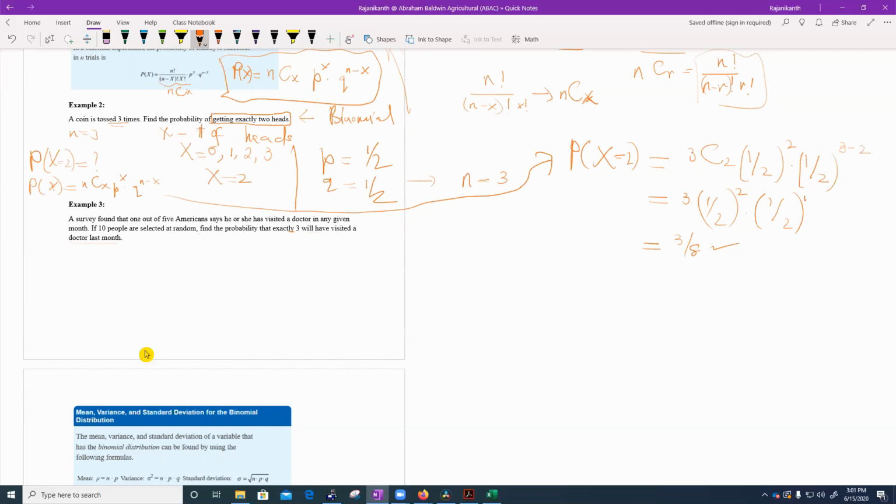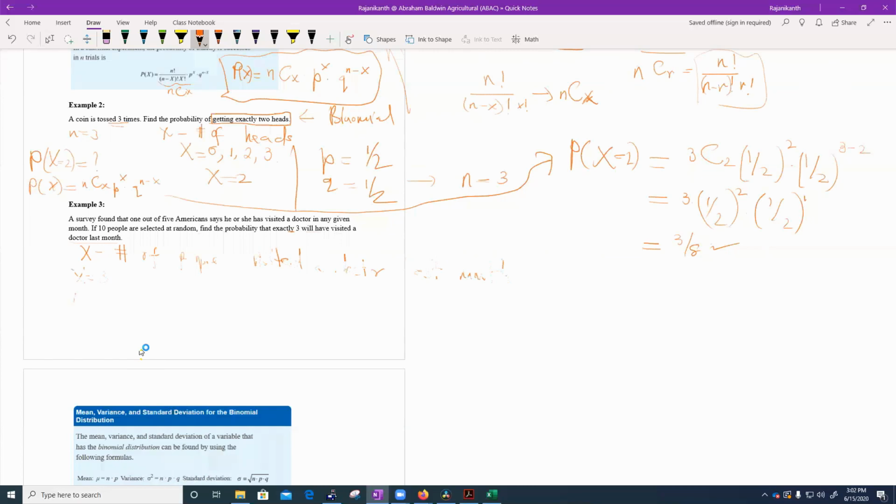That means my x is the number of people who visited the doctor last month. So I'm looking for this, right? In this problem, x is exactly 3.